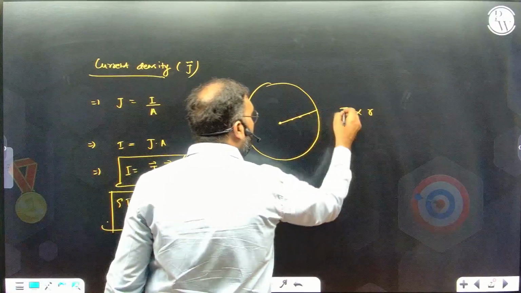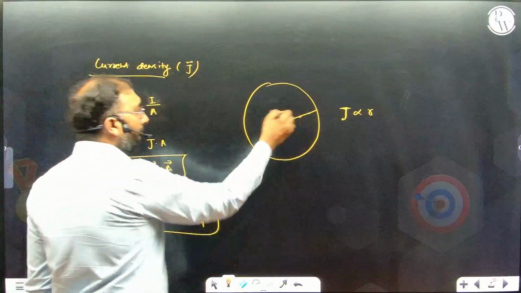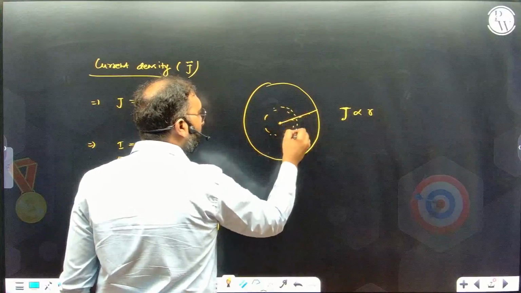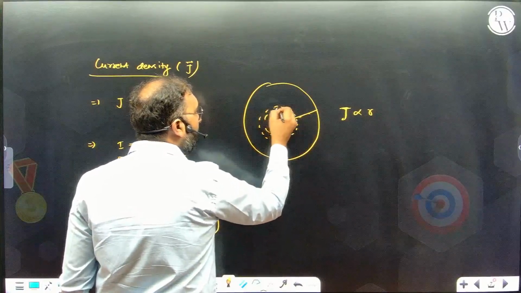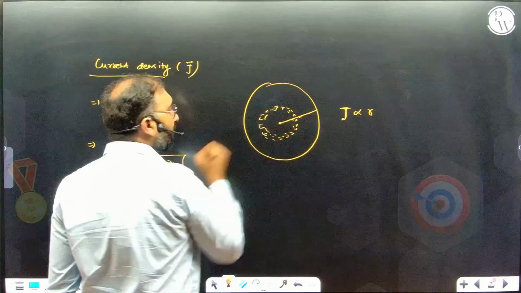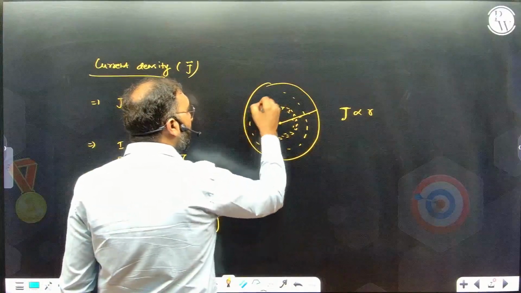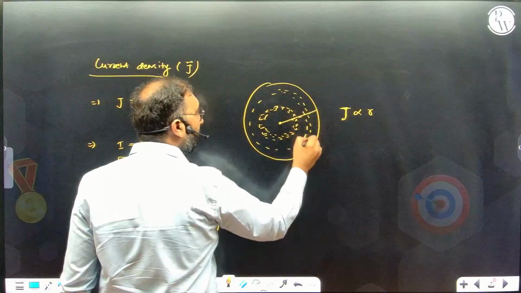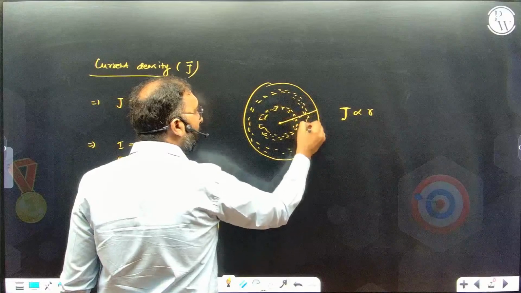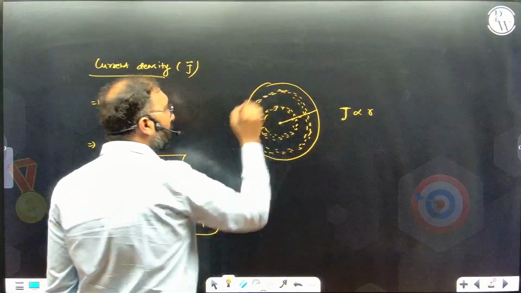So if it is given that J is proportional to r, and you take a small area here, the value of J is different here, so the current flowing through this cross section will also be different.